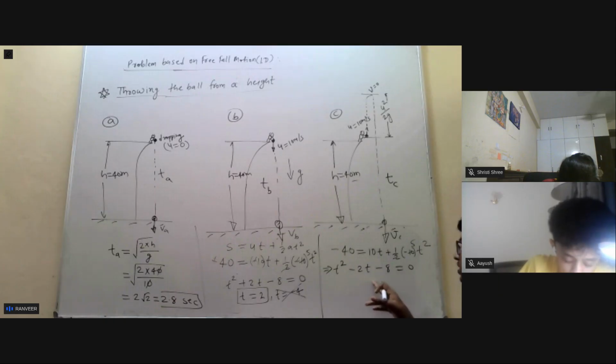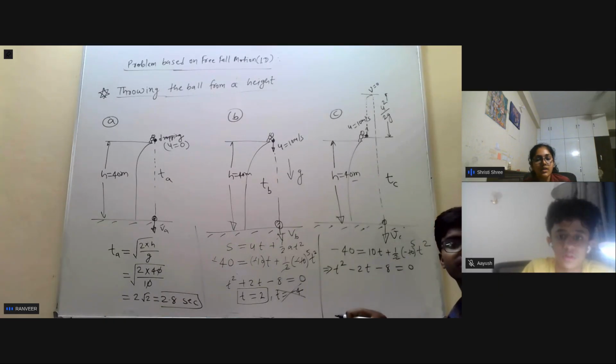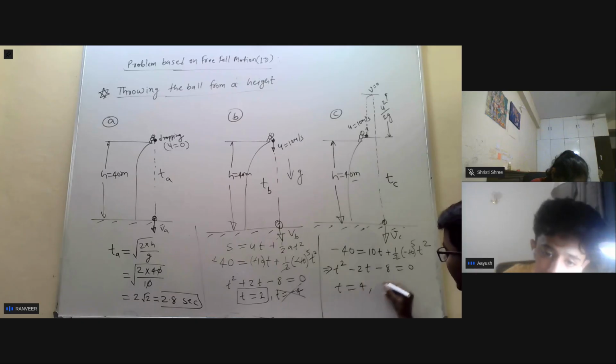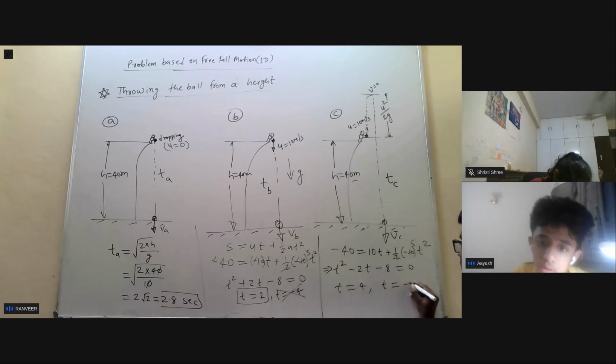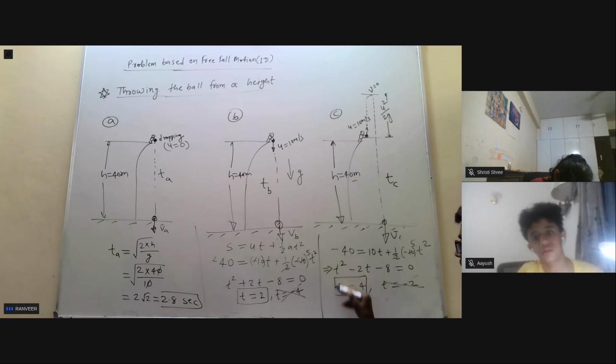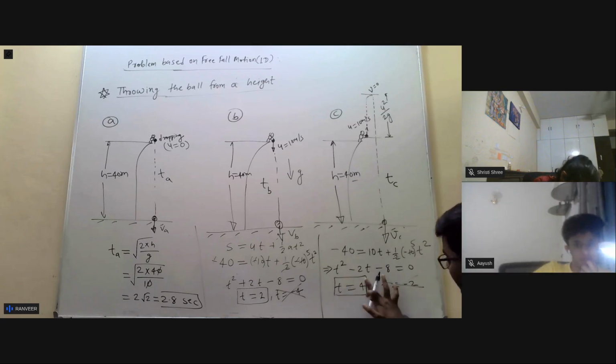Minus 4 plus 2, right? Sir, t is equal to 4, and second t equal to minus 2. So minus 2 is not possible. So time will be plus 4 seconds.